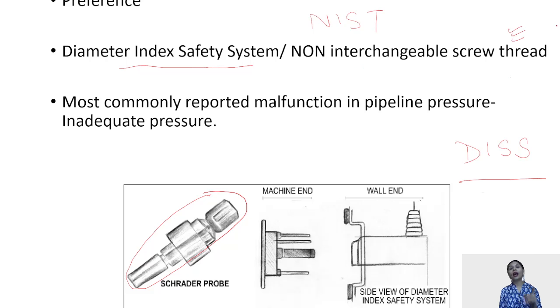These two systems are present on two places, one on your walls and other on your anesthesia machine also. Okay, so please remember these systems are present at two places.